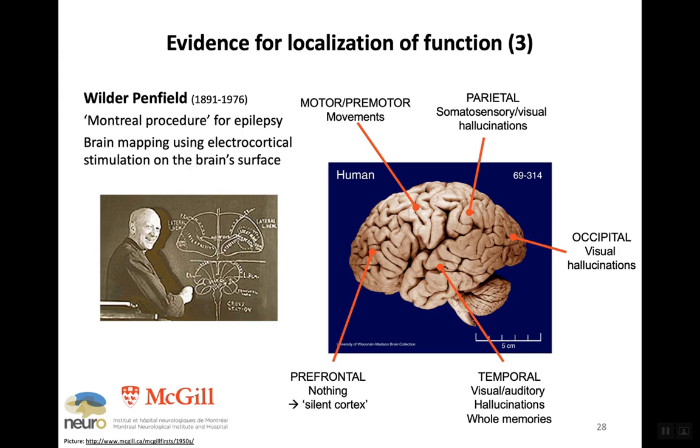And this is a very powerful demonstration because we're moving away simply from observations of brain damage and relationship to cognition. Here we establish a causal link between neural activity and cognitive functioning and behavior.